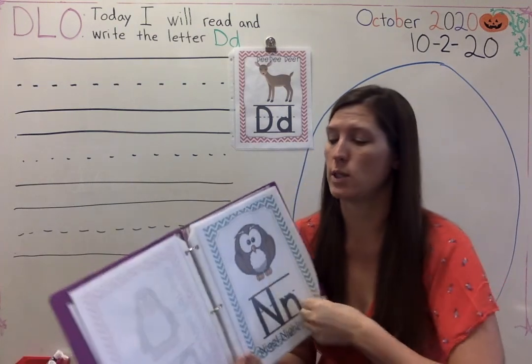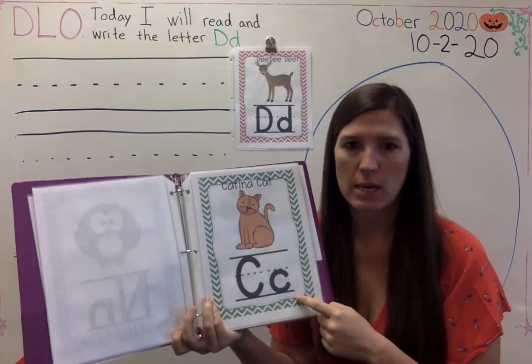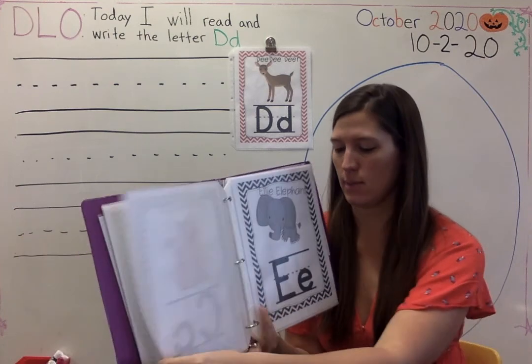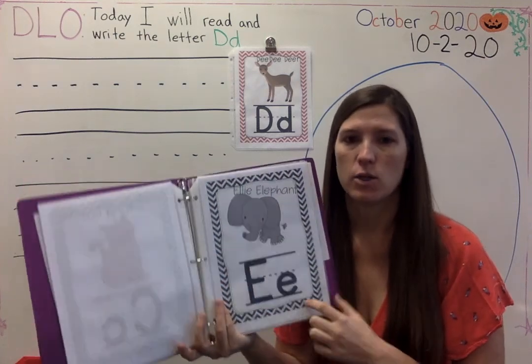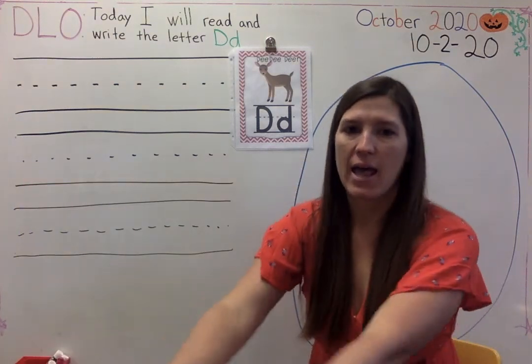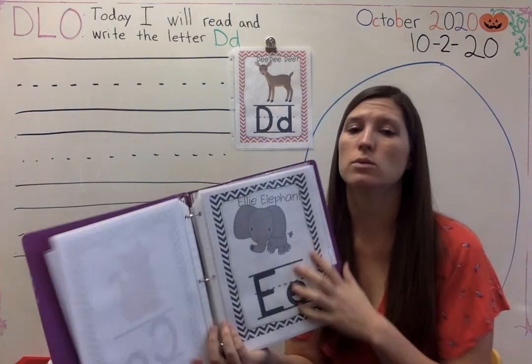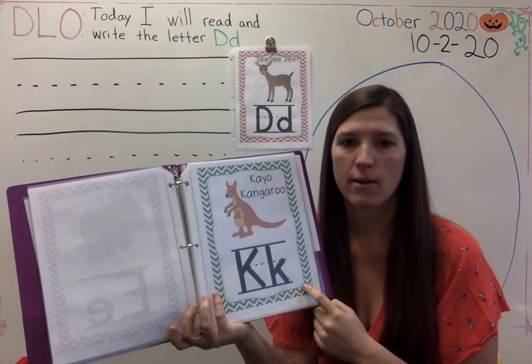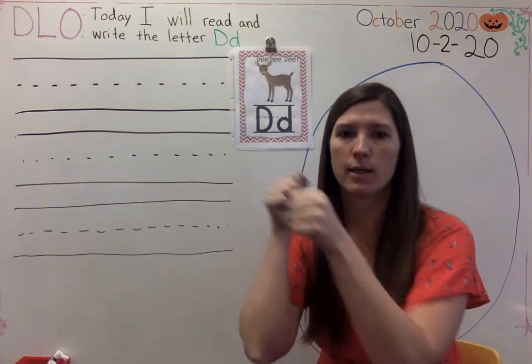Comes out your nose, the sound. C says K. E, short E says E. E is a vowel, makes two or more sounds, just like A. I forgot to say it. K says K.